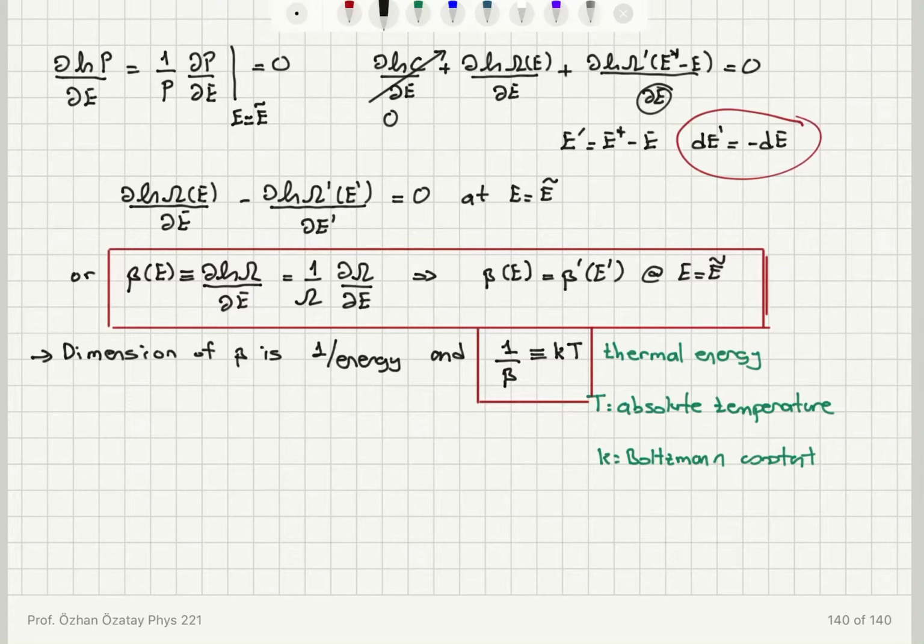So we have the relationship between absolute temperature and the number of accessible states. Now I'm going to take the definition of beta.